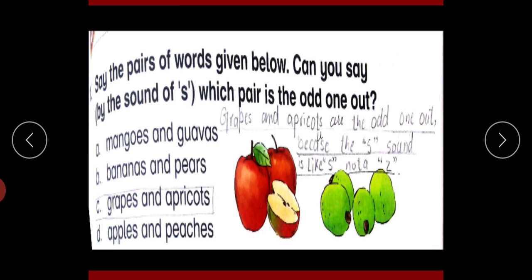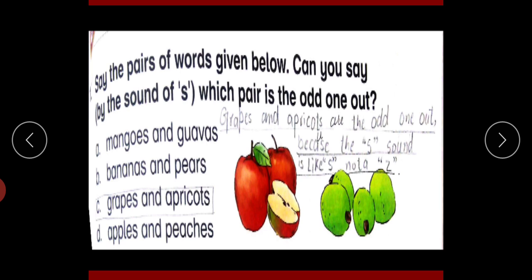Some groups sound with an S sound, and some groups sound with Z. Fine. So in mangoes and guavas, the S sounds like Z, Z sound. Then another group B is bananas and pears, both are playing Z sound here.